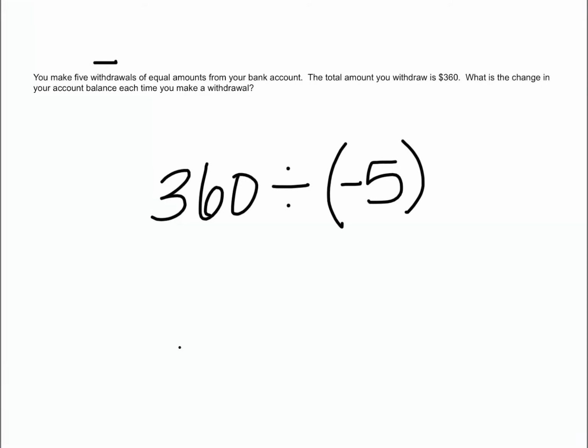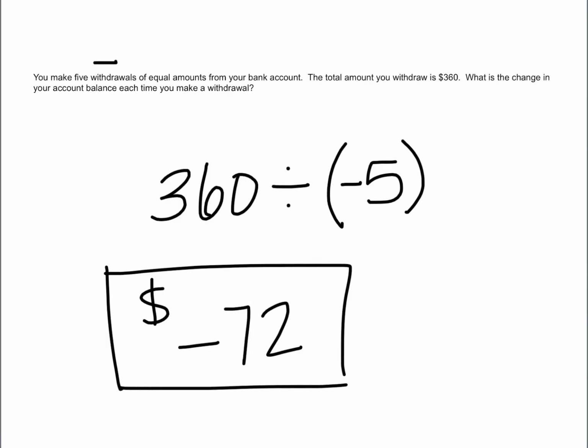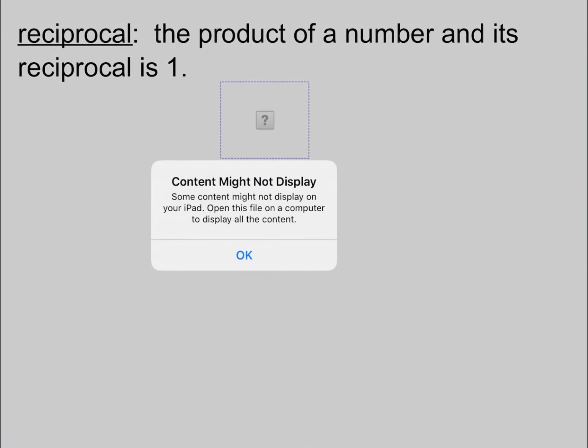So if I have different signs, I'm going to have a negative answer. And 360 divided by 5 gives us $72. This means that our account went down by $72 each time I went to the bank to take money.